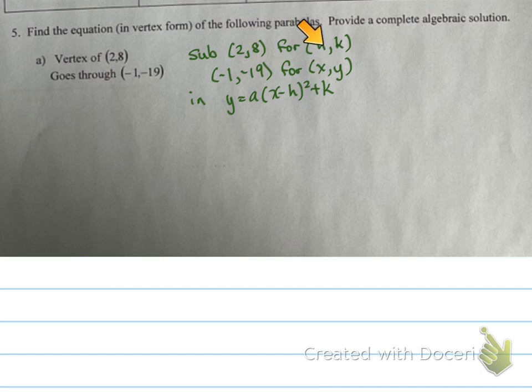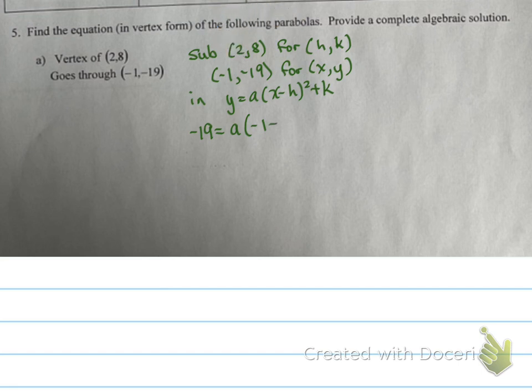So 2 will go for h, 8 will go for k, -1 will go for x, and -19 will go for y. When I plug it in, my y is -19 equals a, which is what we don't know. Remember, we don't know what a is. x is -1 minus h.